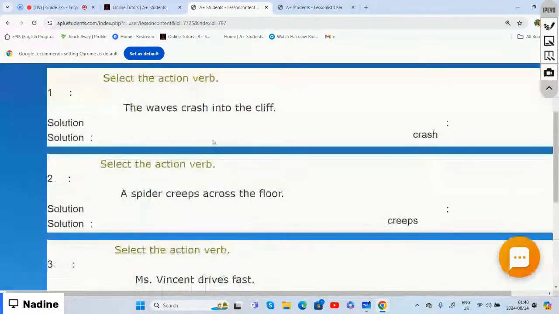We're going to the next lesson, which is to identify action verbs. We're now going to identify verbs. If we look at these three sentences, we need to underline the verbs or call out the verbs within the sentences.